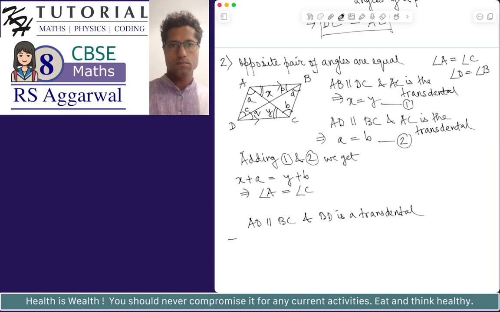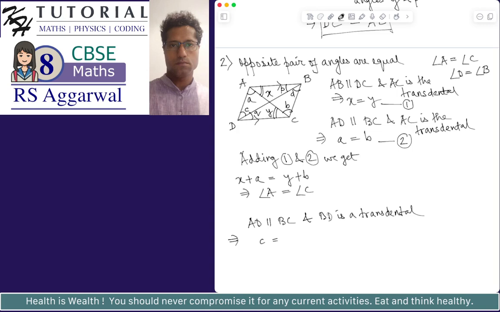So this will imply that angle C must be equal to angle D. This is not the vertex C, but the small angle c; the vertex C is in capital letter and the angle is in small letter.